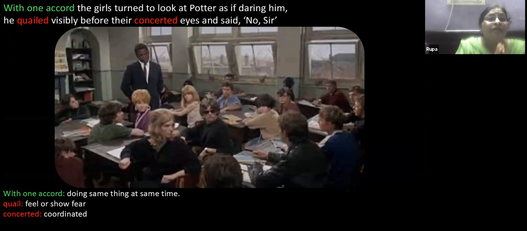And before the concerted eyes, concerted means coordinated, because all the eyes of the girls coordinated and gave a single expression of what? A warning to Potter. So he got scared, he showed fear, and he said, what was the reply that Potter gave to sir?